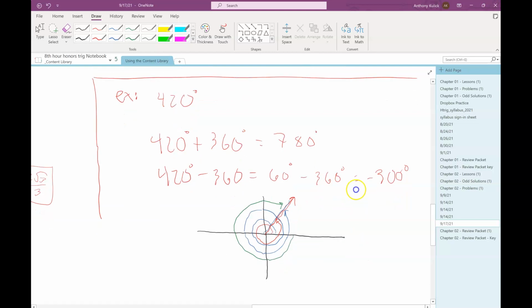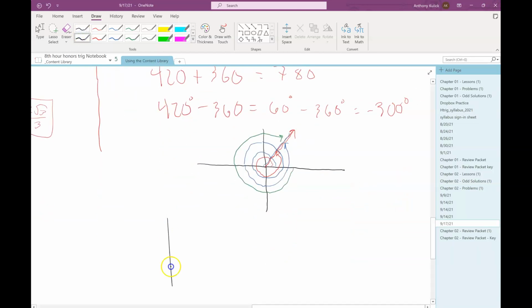Okay. So my initial side is here, and I'm going to be rotating 420 degrees counterclockwise because it's positive. Each quadrant is 90 degrees, right? So here is 90, now 180, 270, 360, and then 60 more gets me to 420.